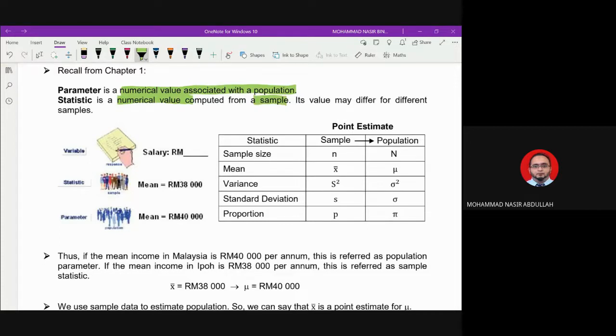So this is some example of statistic and parameter. For sample, the notation for sample size is small letter n, and for population it is capital letter N. For mean, the statistic is X bar, and for population it is mu. Variance is S square, and for population it is sigma square, right?